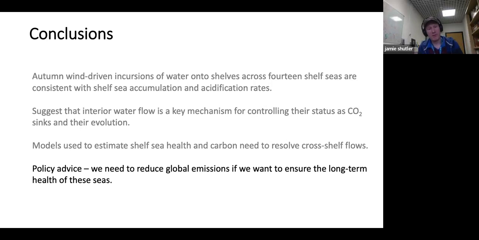And it does also reinforce the previous advice that if you want to encourage prolonged long-term health of these shelf seas, then reducing atmospheric global emissions is really key, because the biological processes again seem to be the secondary controller, where we have control over nutrients going into the sea, whereas this physics-based abiotic process appears to be more dominant.